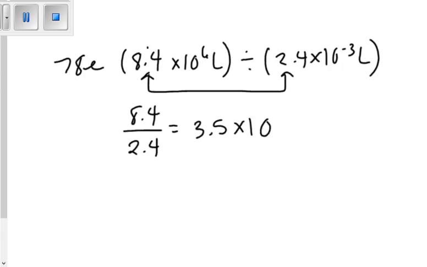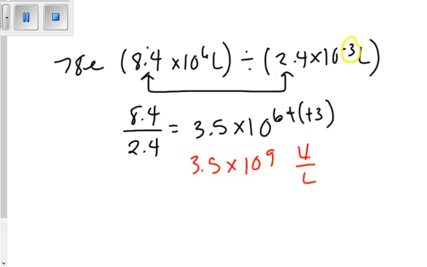So you have 10 to the 6th minus a negative 3. And when you have a double negative like that, minus and minus, it becomes positive. So you're actually adding those. So your answer is going to be 3.5 times 10 to the 9th. And again, your units, liters divided by liters, cancel out because it just equals 1. So there's your answer.